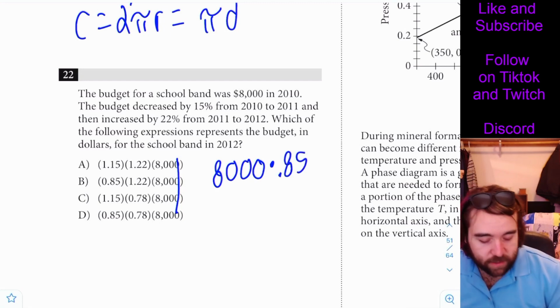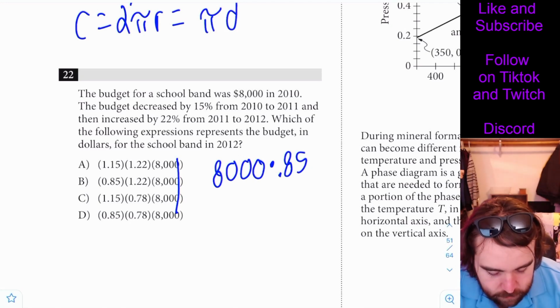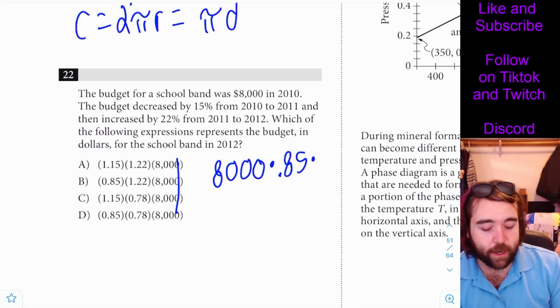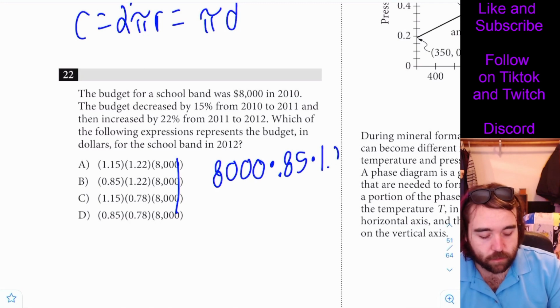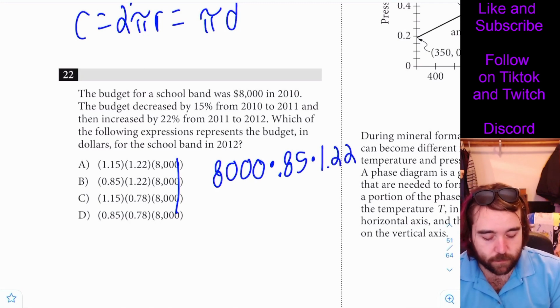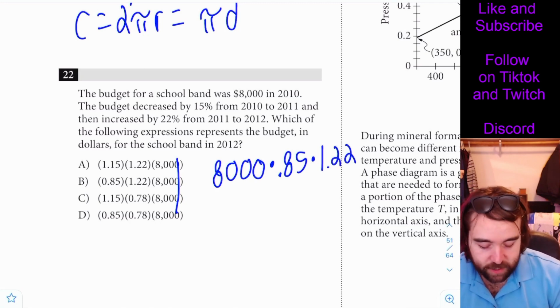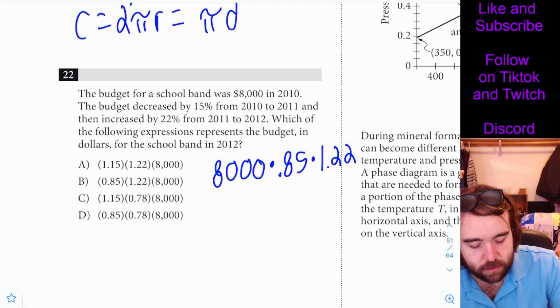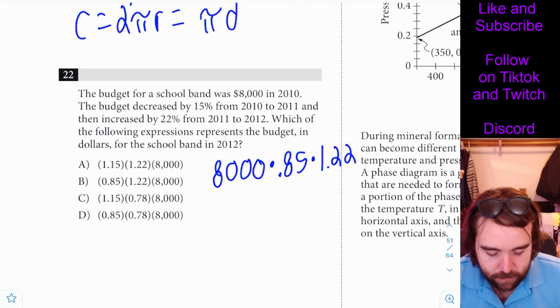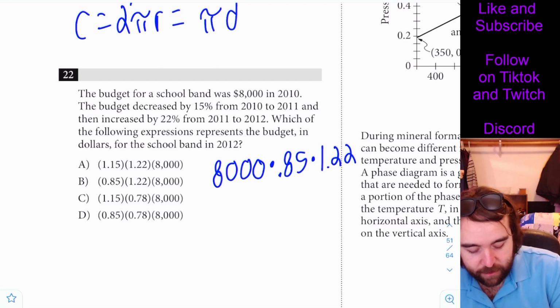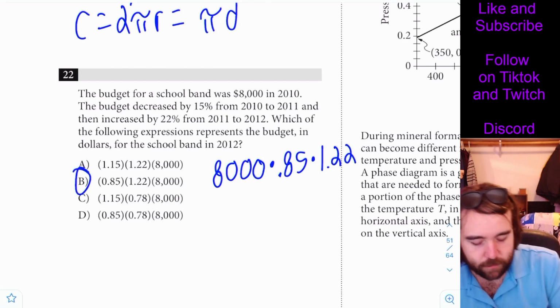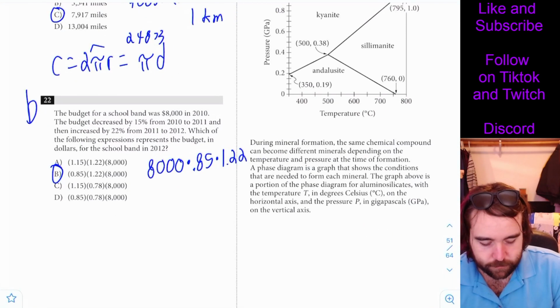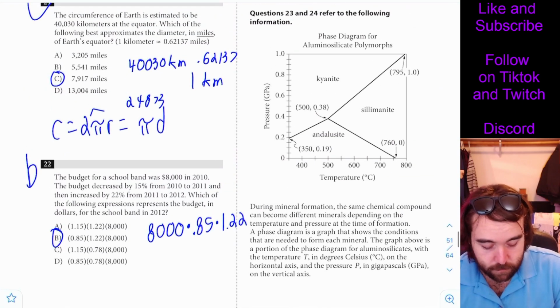And then increase by 22%. So then multiply by 1 plus 22%, which is 1.22. And there we go. And again, remember, order doesn't matter. All we're looking for is those three things multiplied. So we've got the 8,000, we've got the 0.85, and we've got the 1.22. Right about there. Yep.